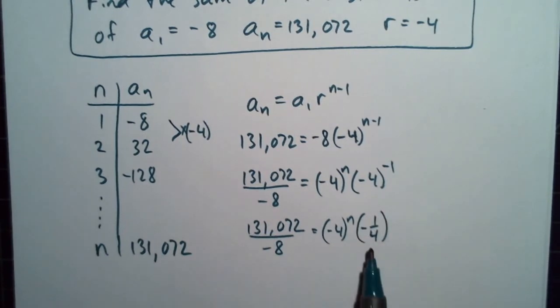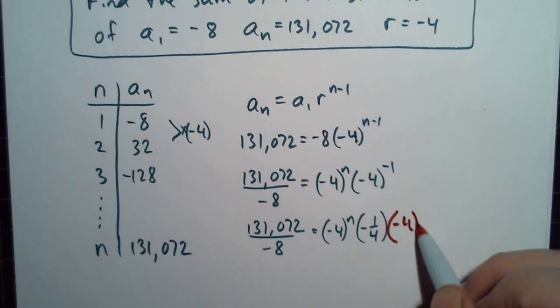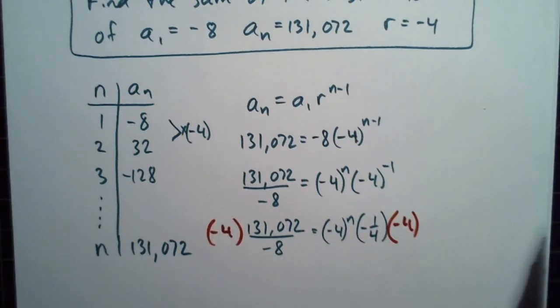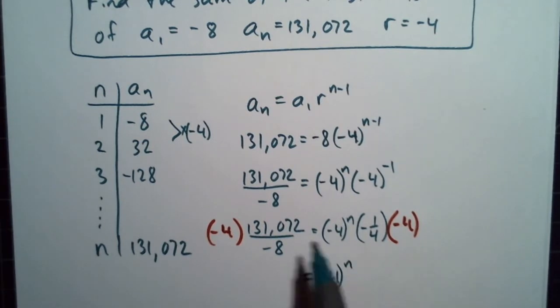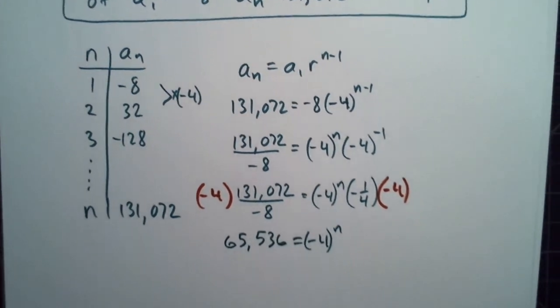And we'll have to multiply both sides by negative 4 to cancel that, and we can just reduce that. It'd be a positive, and we end up with 65,536.